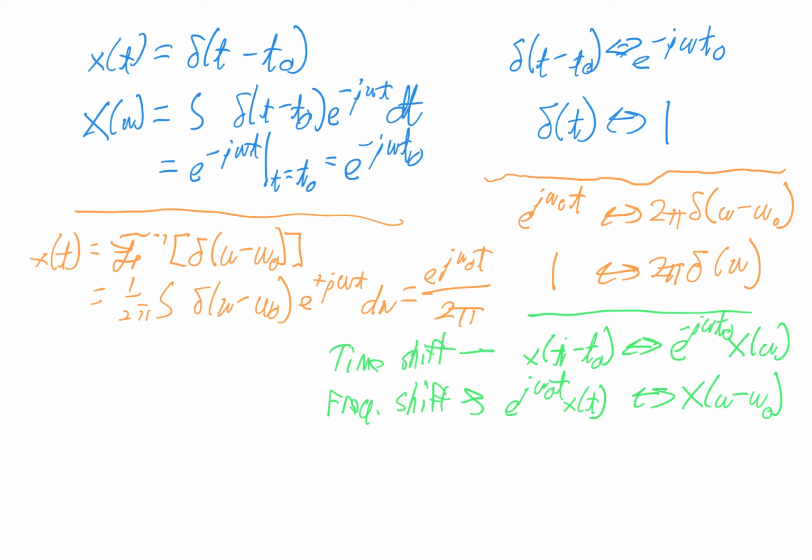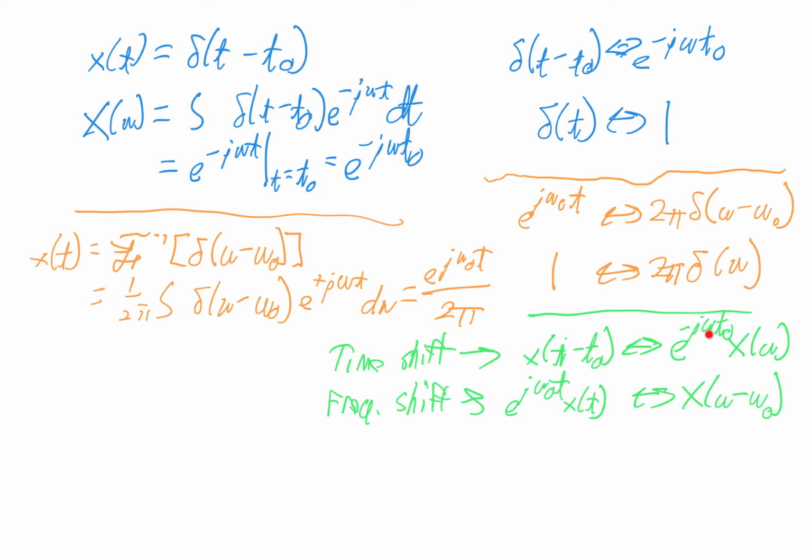So these are very powerful tools because once we have found the Fourier transform of any signal, all we have to do to find the Fourier transform of a time-shifted version of it is change its phase according to this formula.